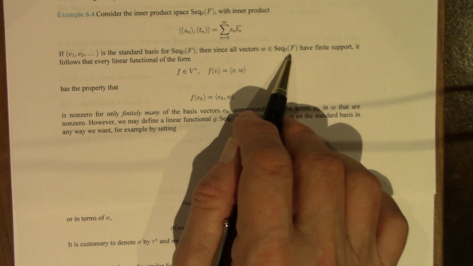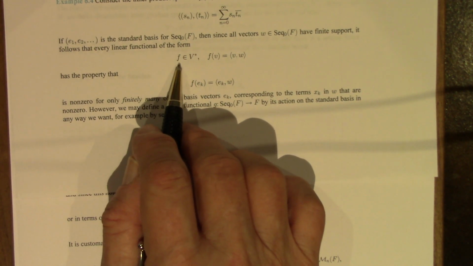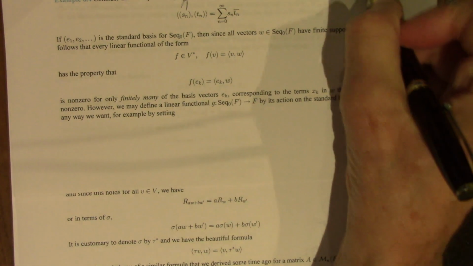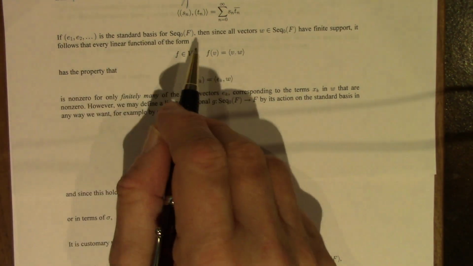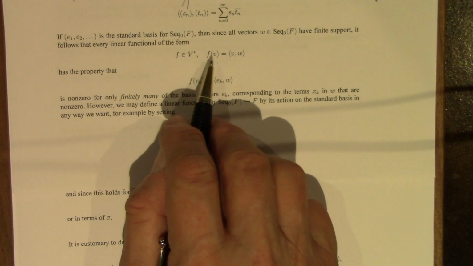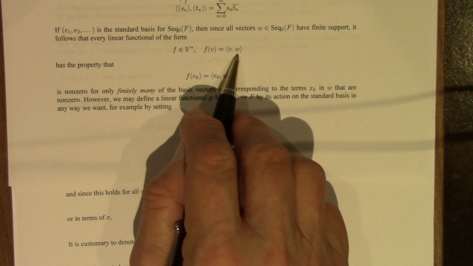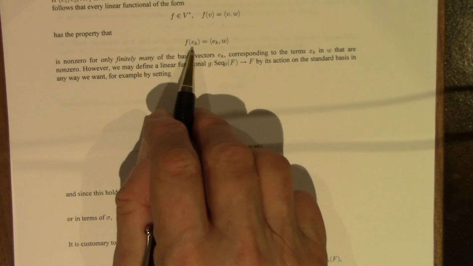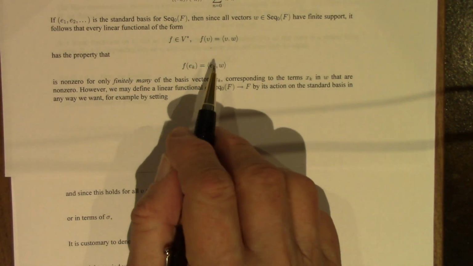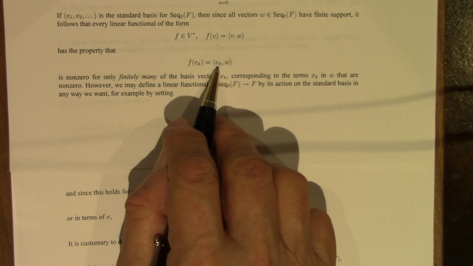All vectors W in this inner product space have finite support, and so if we take a linear functional on this inner product space, I guess I should have called this V here, that has this form, that is inner product by W. In other words, if we take a linear functional that has a Riesz vector, then when we evaluate this functional on this sequence of standard basis vectors, this can be non-zero for only finitely many of the E sub k's.